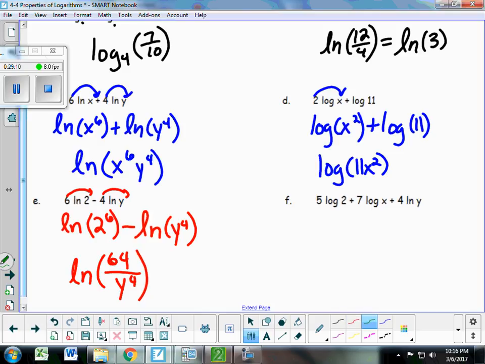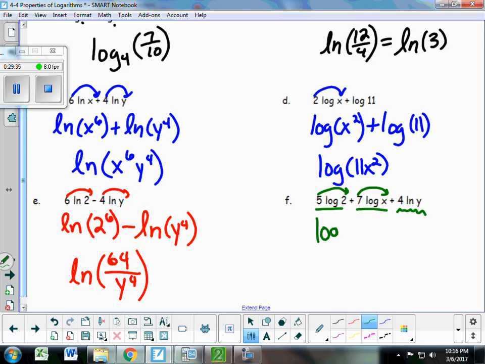Alright, this next one's got 3. But be careful because we have log, log, and natural log. So we actually can't combine that last one with the other 2. So let's see if we can do 2 steps in one. So this is going to be raised as a power, raised as a power. 2 to the 5th is 32.